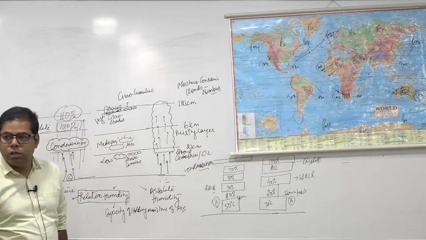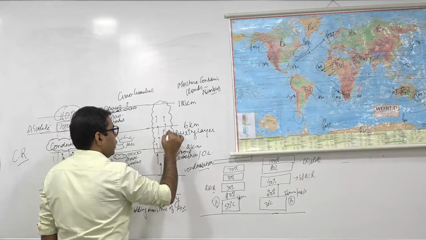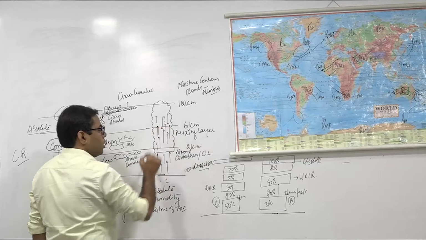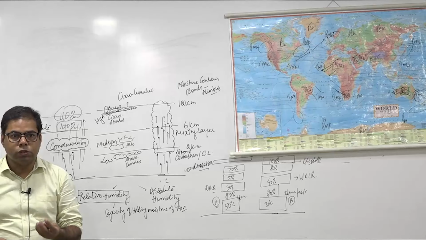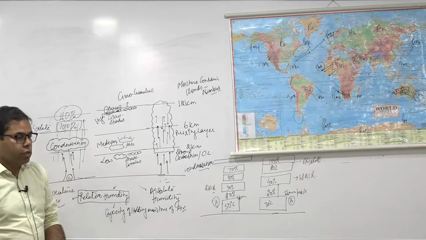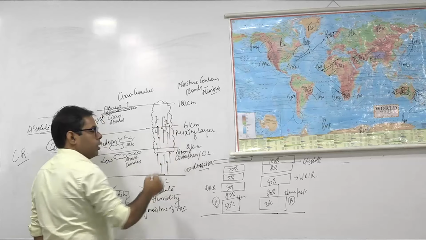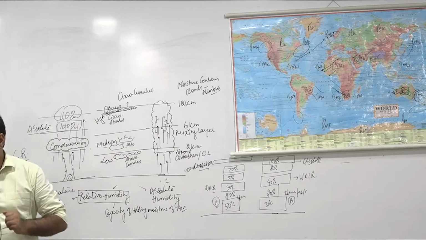Mixing layer means what? Mixing layer is the rising or ascending warm air and the descending moisture or water droplets down towards the surface. So this is downward and this is the upward movement. Right? Now see how precipitation happens.